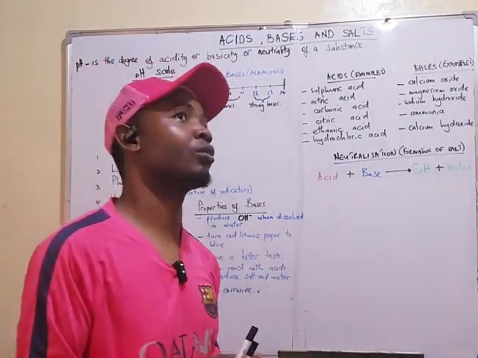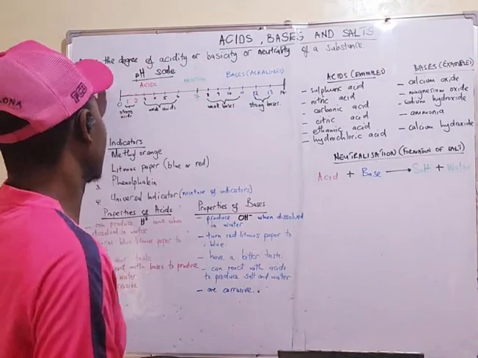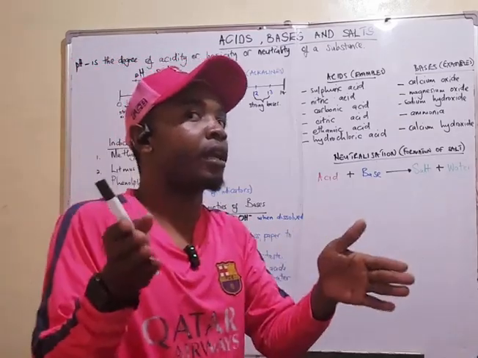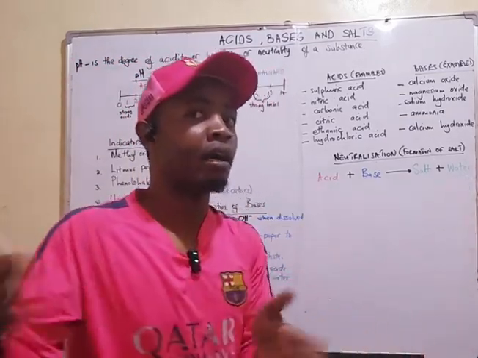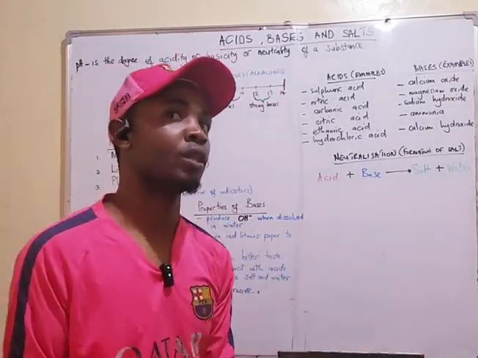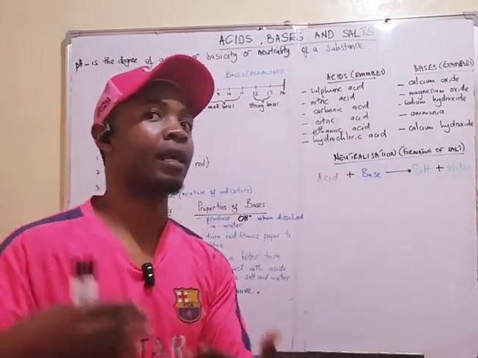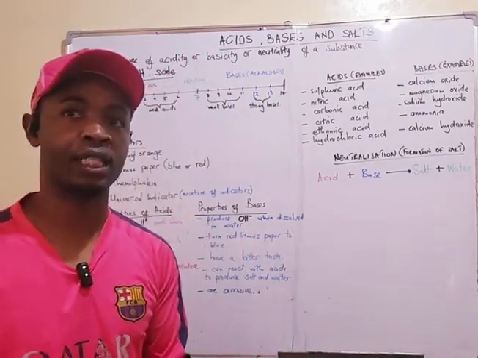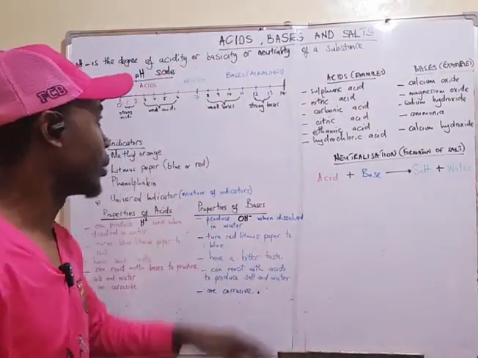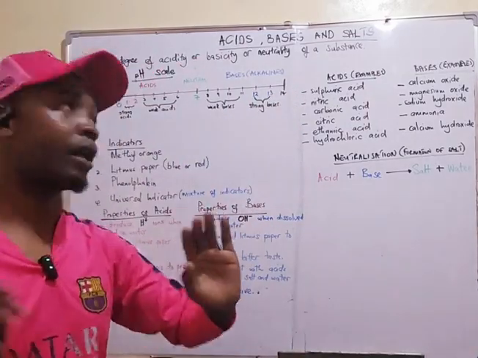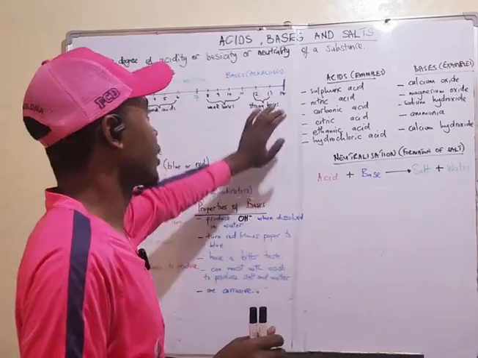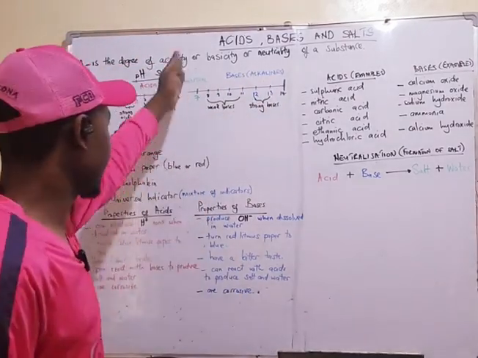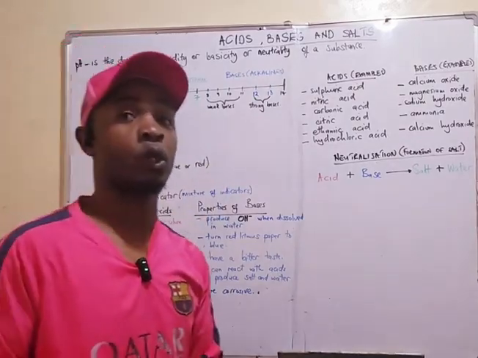I see most students define pH as the degree of acidity or alkalinity. It's not that all bases are alkalines; under the bases we have another class known as the alkalines. Don't confuse yourself: the alkalines always fall under the bases.